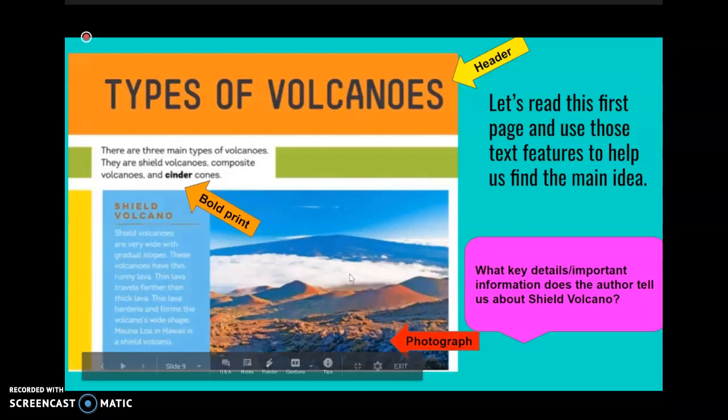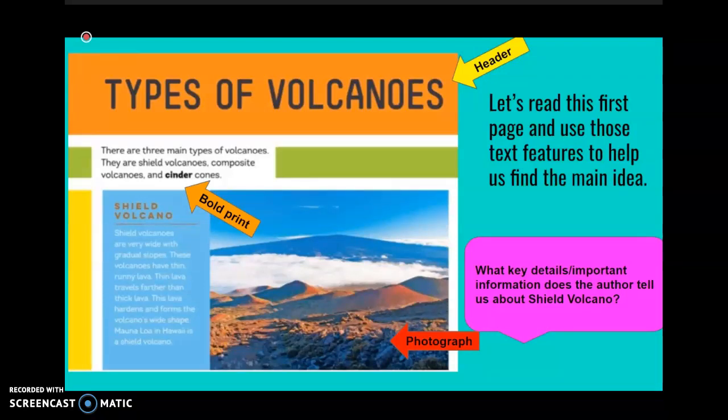Everyone tell me, what is one fact that I have learned so far about a shield volcano? And I'll give us a moment so we can go ahead and type it in the chat. Okay, so Lamar said they are very wide. Good job, Lamar. What else can I learn about the shield volcanoes? What other important fact did the author tell me?